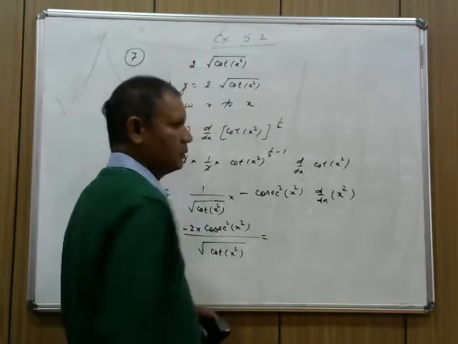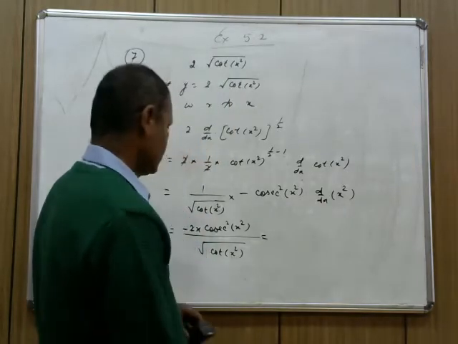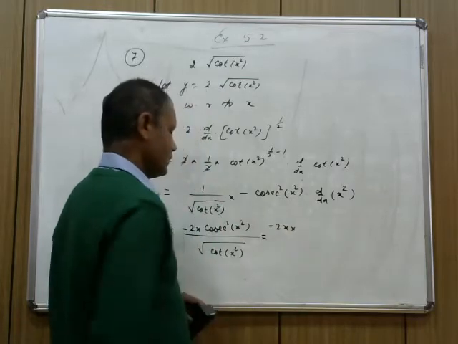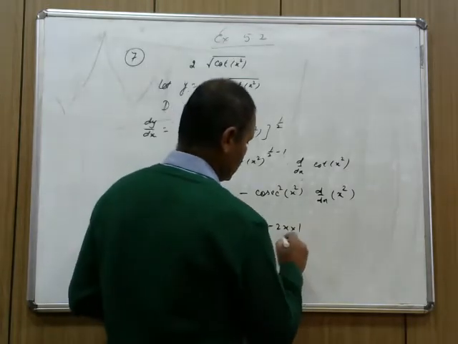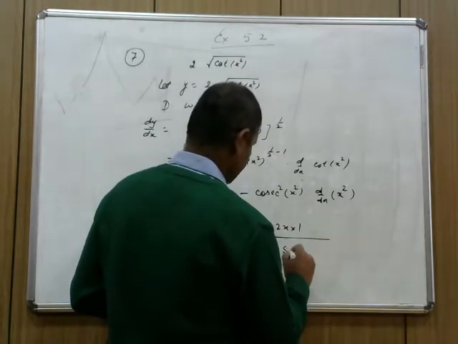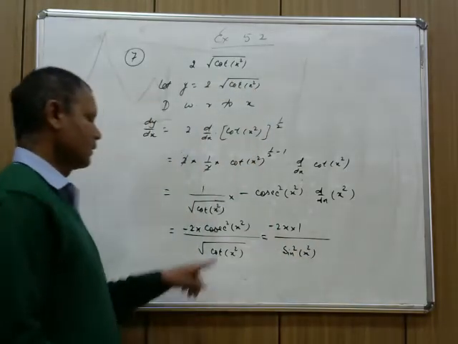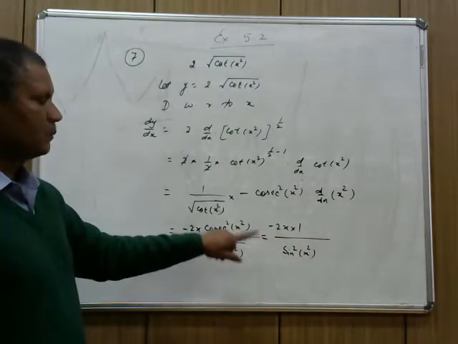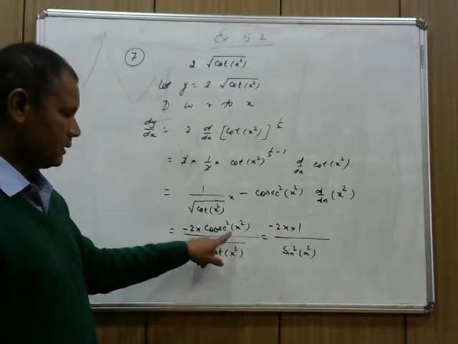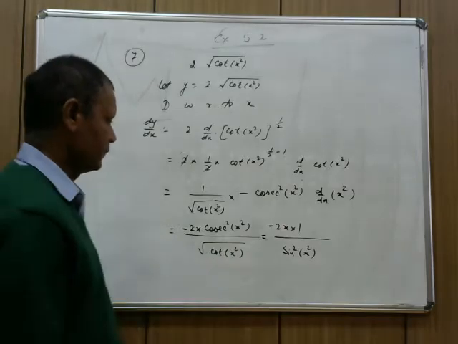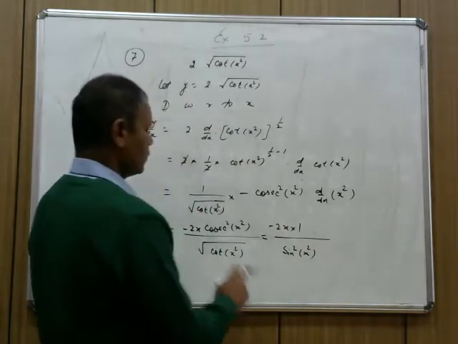If you want to go for the next step, can I write minus 2x into cosec square x square? I can write 1 upon sine square x square. Any problem? Because you know that cosec x is equal to 1 by sine x. Here cosec square x square is equal to 1 by sine square x square, and here the denominator is under root cot x square.